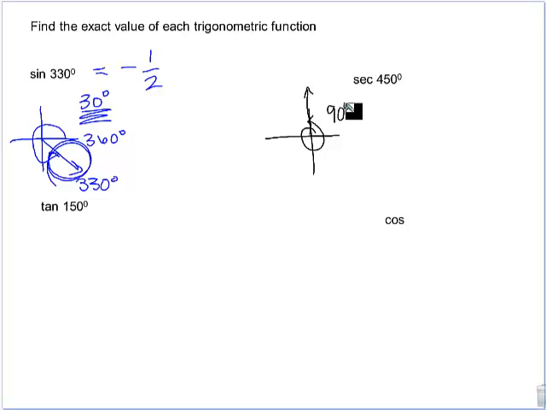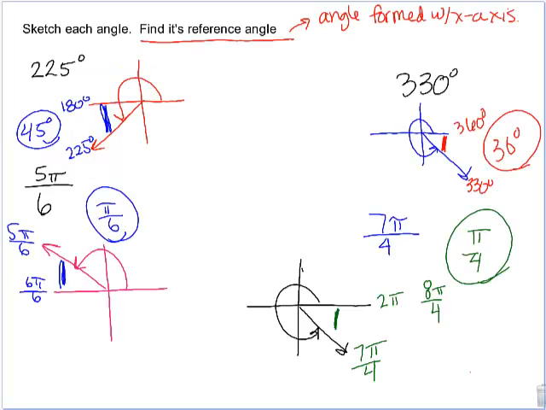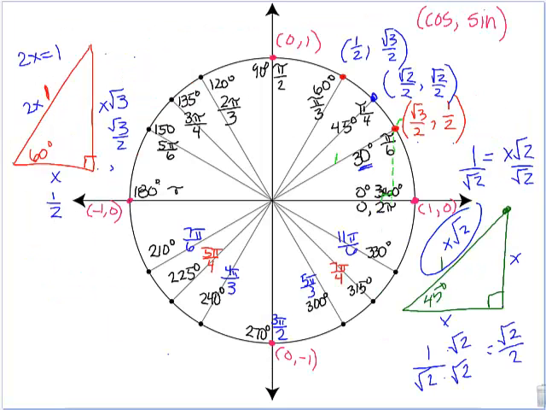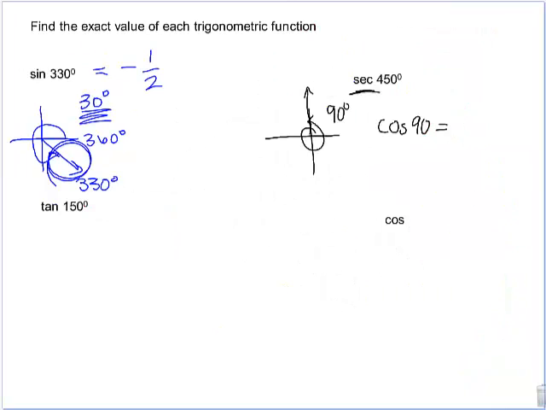Okay. Secant, it's the reciprocal of which one? Cosine. Good. So we're going to look and see what the cosine of 90 is. So go to your unit circle. 90 degrees. So here's 90. What's the cosine? 0. Okay, the cosine of 90 is 0.